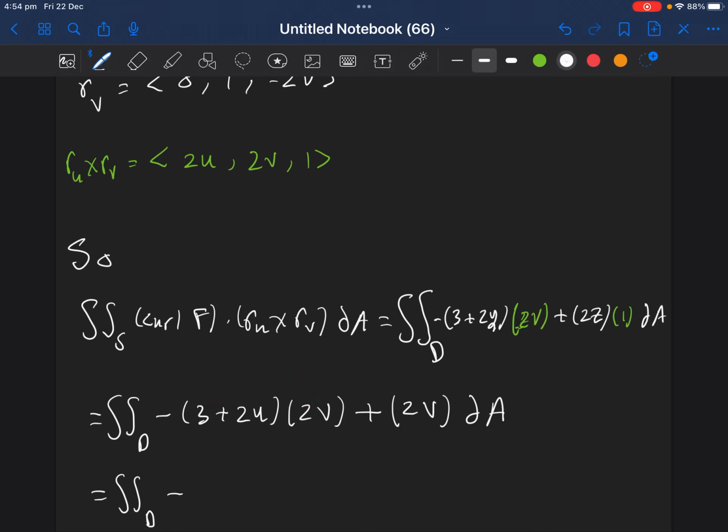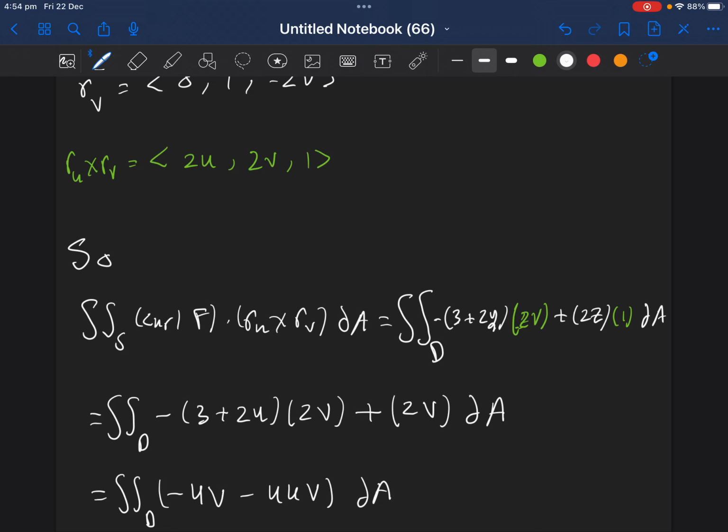This would be just negative 4v. And this one will be just 4uv. Which is something we can handle here.